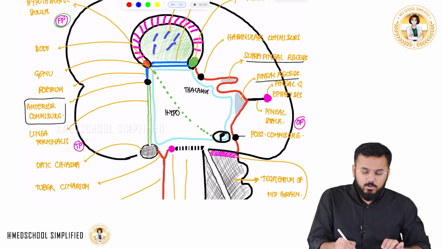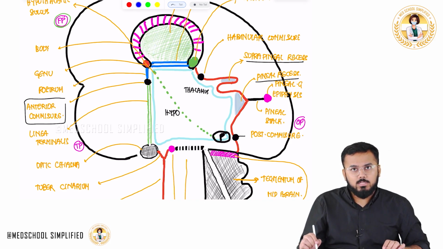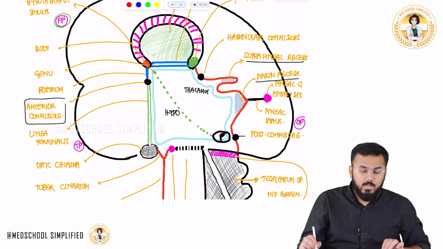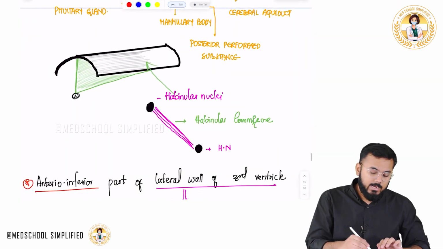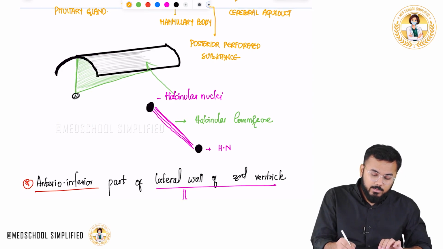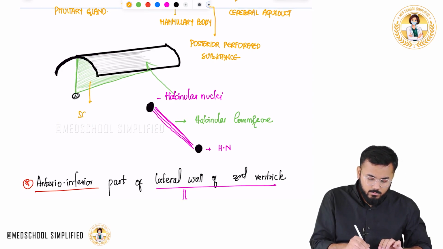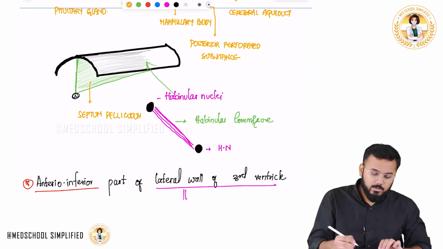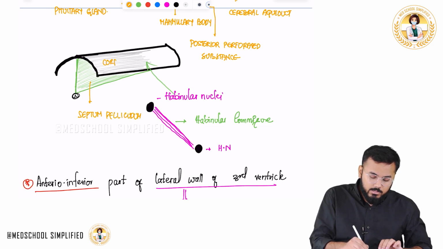And this structure between the green boxes is called the septum pellucidum. I already told you the septum pellucidum is attached only to the middle, right? So this is your septum pellucidum.